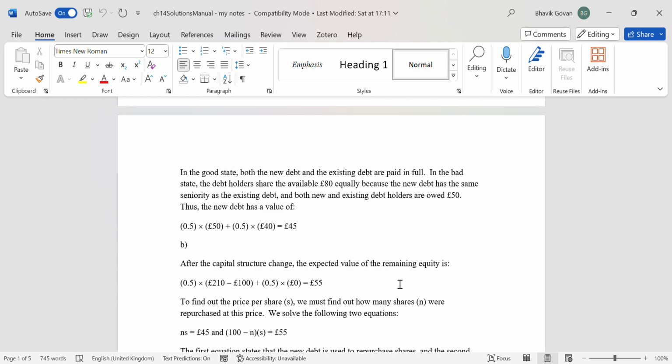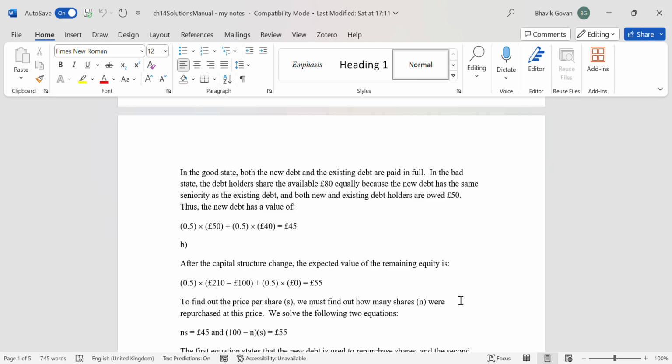So there's nothing left over for equity holders. Sum those two up and you'll basically end up with your £55, which is the expected value of your remaining equity.